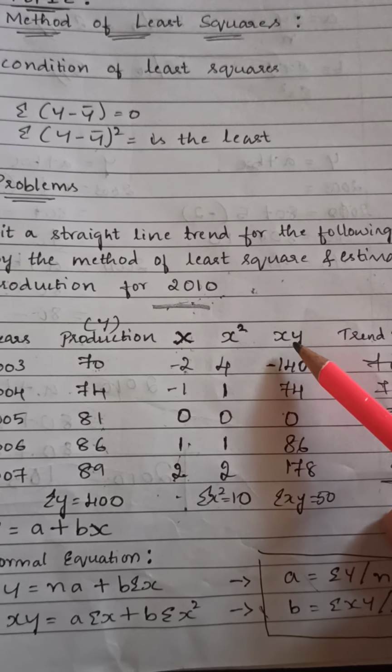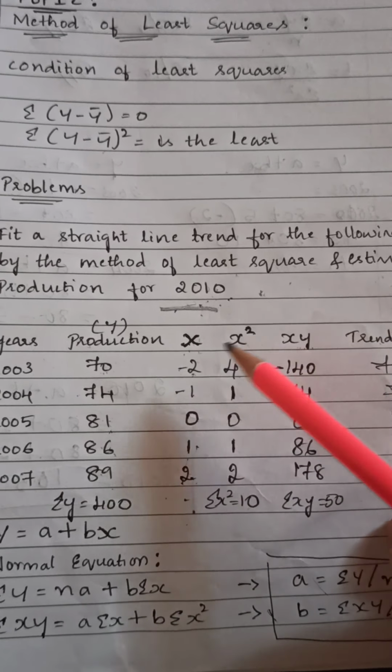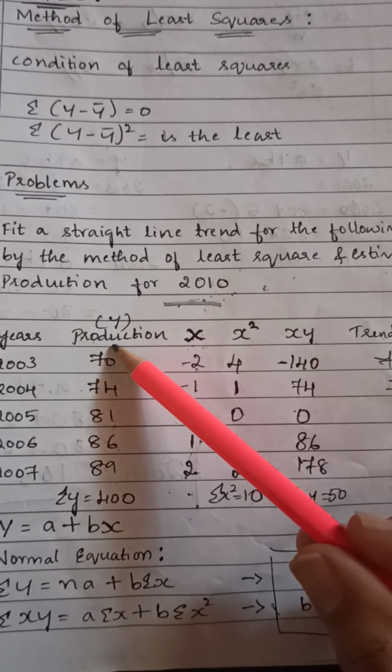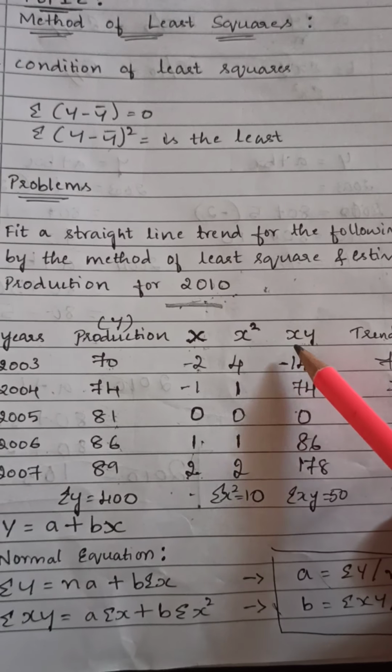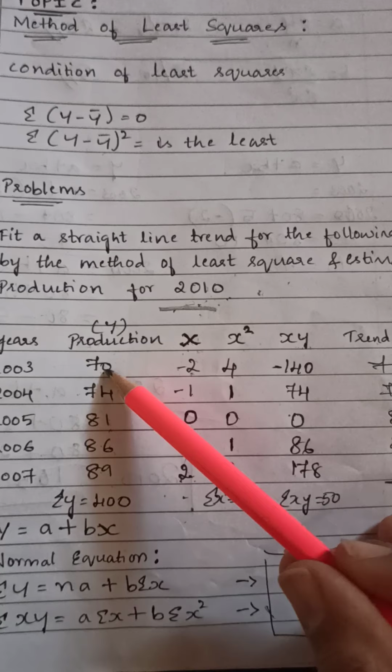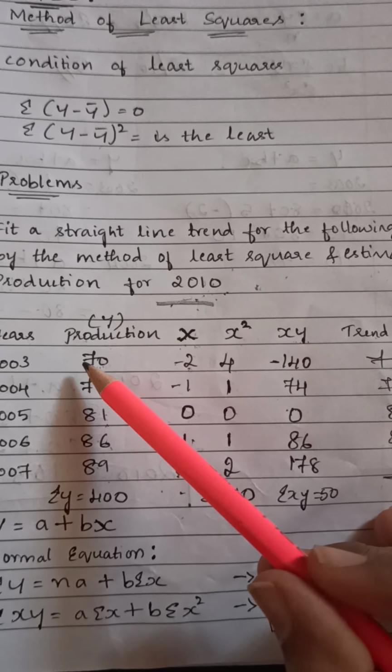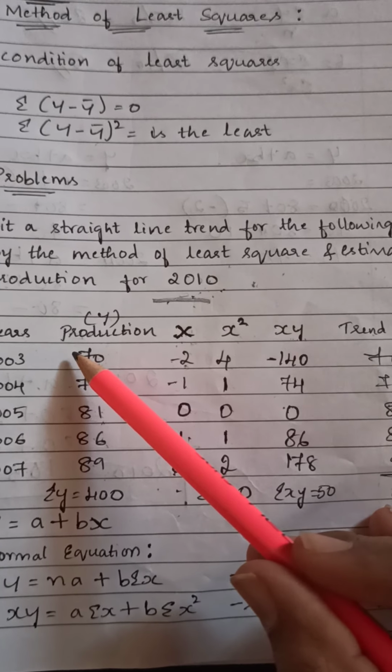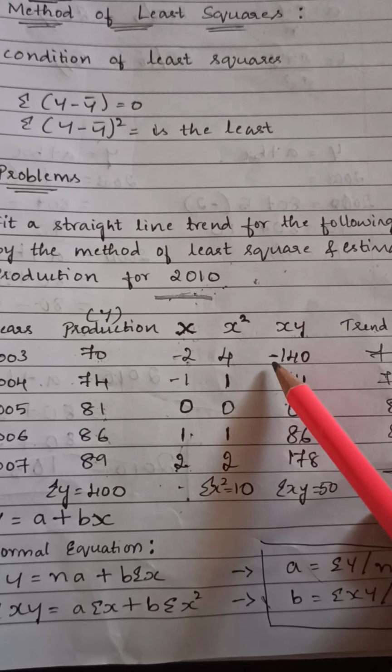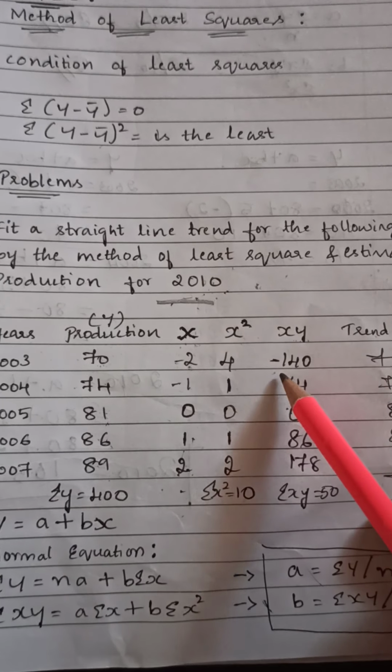Then you have to find the xy values, that is x into y. Production is your y value. So x into y: 70 into minus 2, that is minus 140.